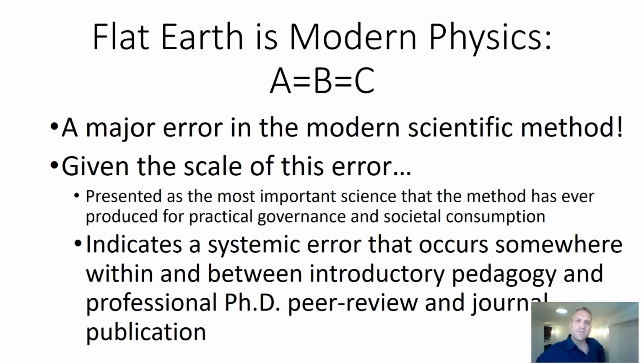Those scales match. Given the scale of this error, it indicates that there's a systemic flaw in the scientific method and its pedagogy, from the beginning right to the end of how science is conducted. It's a big deal. It's a big deal.